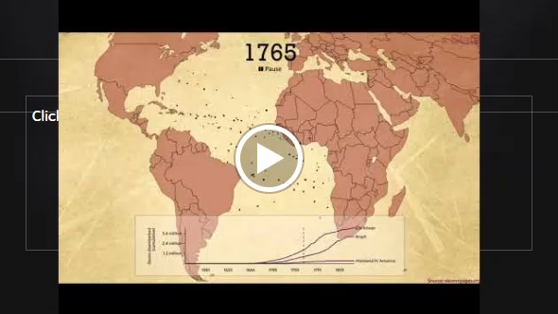So this video is going to have more than just what's coming to the 13 colonies. It's also going to include South America. But what I want to do, I'm going to play this for you, but I want you to notice where most of the ships are going to and what years have the most ships.